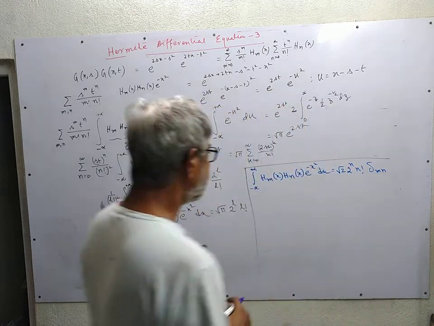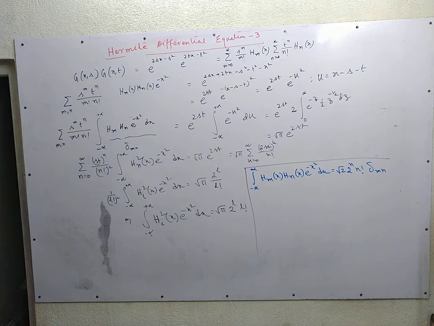This is the orthonormality condition. One can verify the relation for a few low order Hermite polynomials.